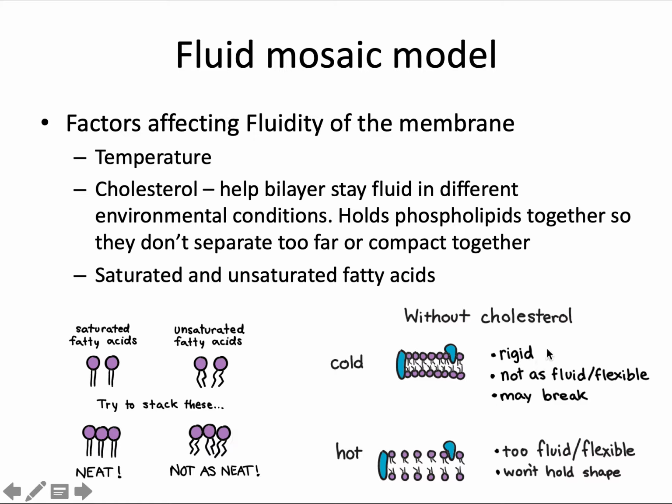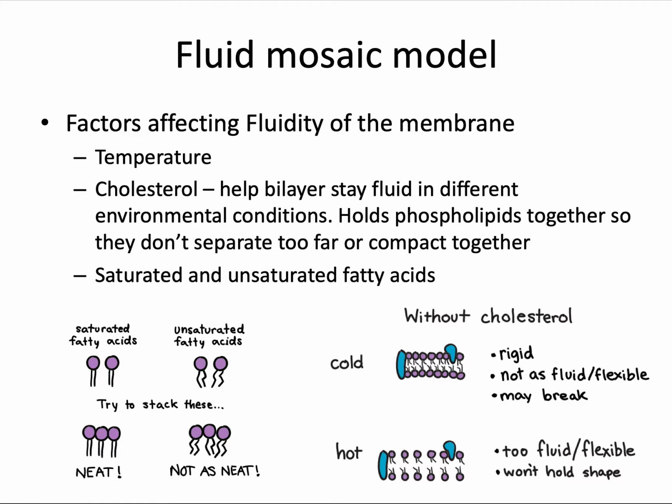And because of the presence of cholesterol in there, which will have a mixture of both saturated and unsaturated fats, the cell membrane or plasma membrane isn't rigid in the presence of cold. If there was no cholesterol, it would become very rigid. There wouldn't be any flexibility, and it would end up becoming very brittle and breaking.